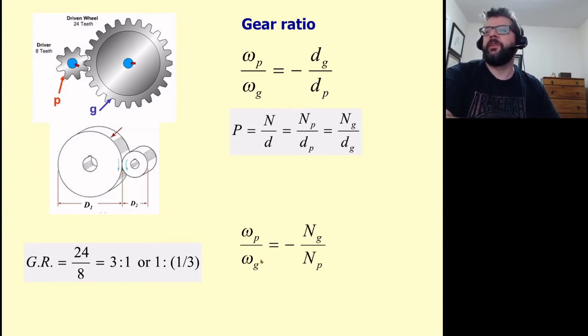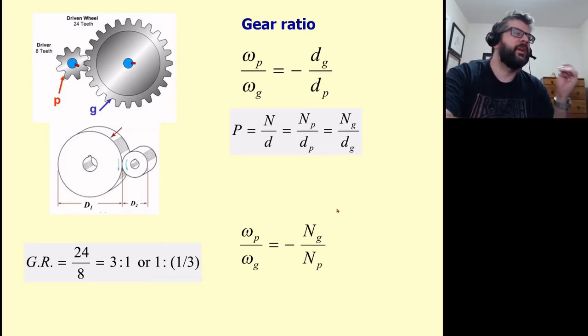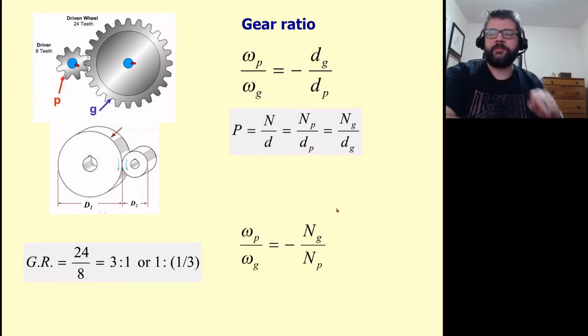We can also relate the gear ratio in terms of just the number of teeth. So the rotational speed of the pinion divided by the rotational speed of the gear is equal to minus the number of teeth in the gear divided by the number of teeth in the pinion.